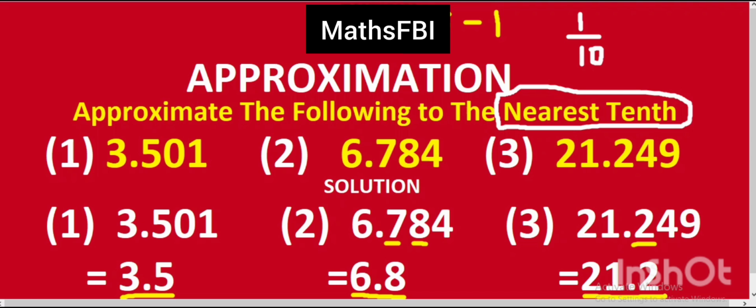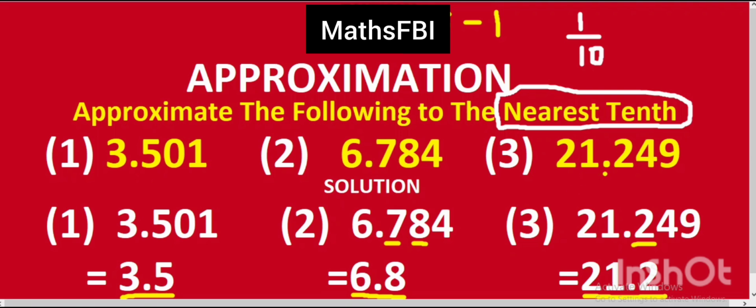Okay, so let me do a recap. We are requested to approximate the question to the nearest tenth, and we say tenth is a number, the division of a number by 10. And after the decimal point, considering the place value, the first number after the decimal point is the tenth, like we have here.